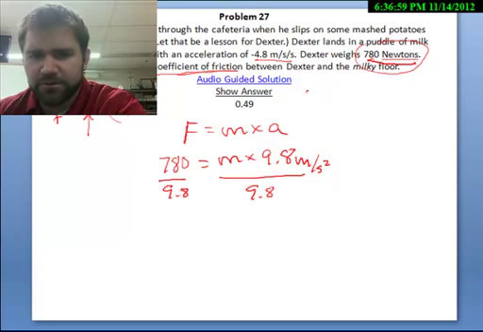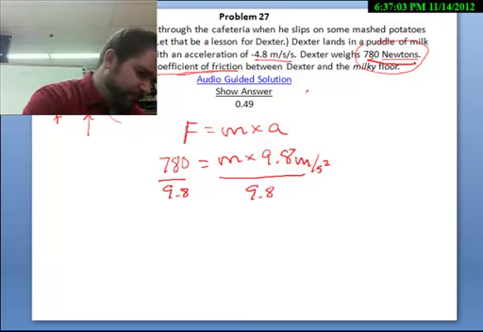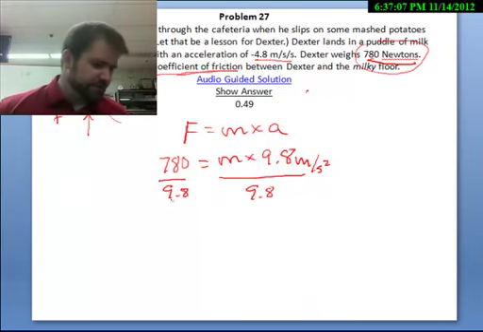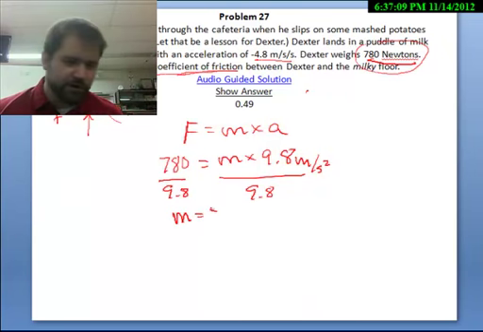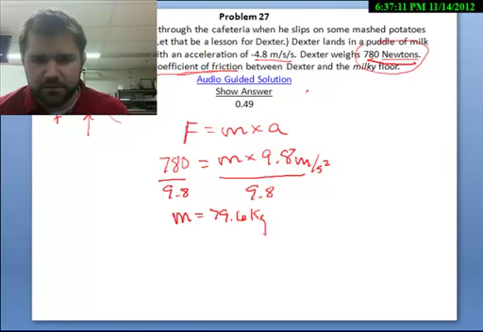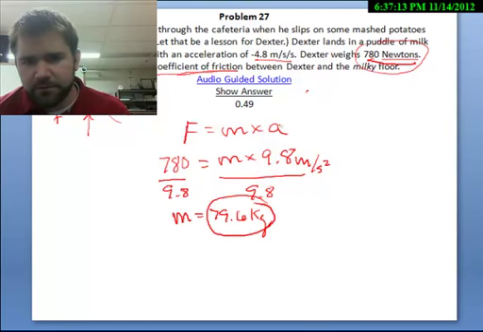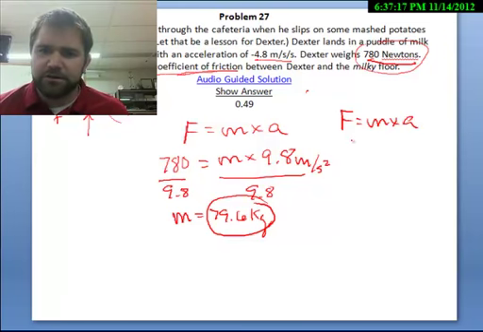We divide both sides by 9.8. 780 divided by 9.8 equals 79.6 kilograms.